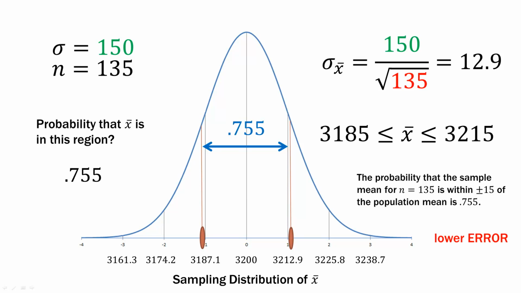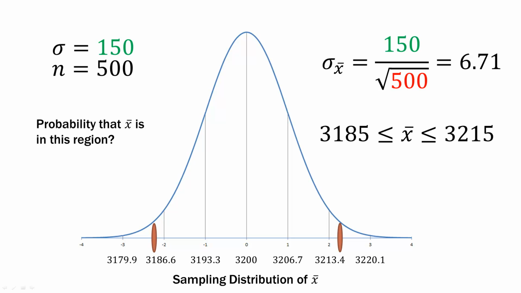But remember, they really haven't changed. What's changed is that the underlying distribution has come inward. So we're, again, interested in this region here in the middle. So by increasing the sample size, we are increasing the probability that our sample mean is within 15 of the population mean. Again, by increasing the sample size and thus lowering the error.